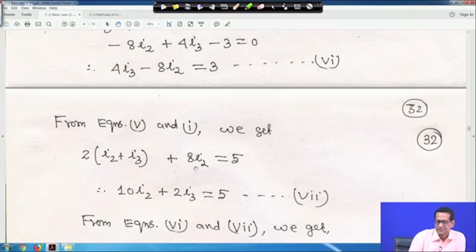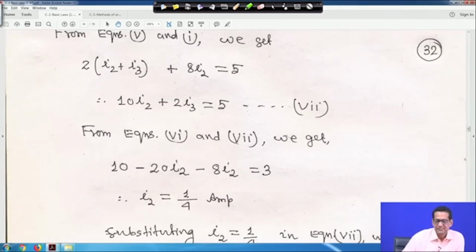It was 2 I1 plus 8 I2 is equal to 5, but here we put I1 is equal to I2 plus I3. So 2 into I2 plus I3, plus 8 I2, is equal to 5. After simplification, 10 I2 plus 2 I3 is equal to 5. This is equation 7.